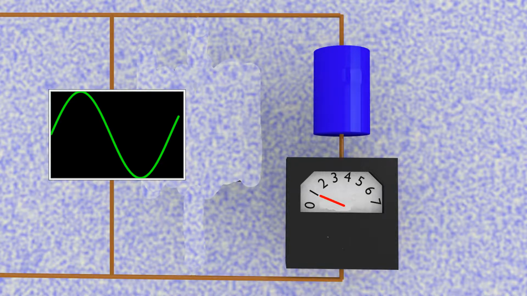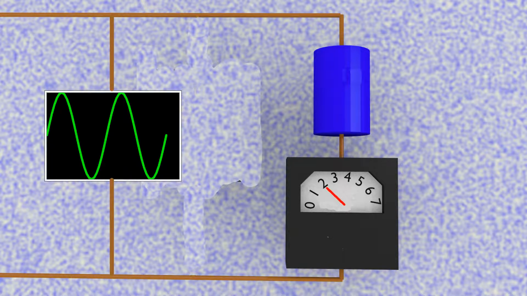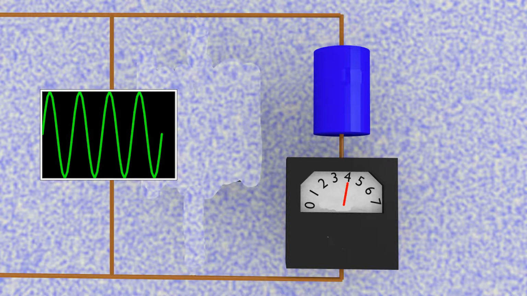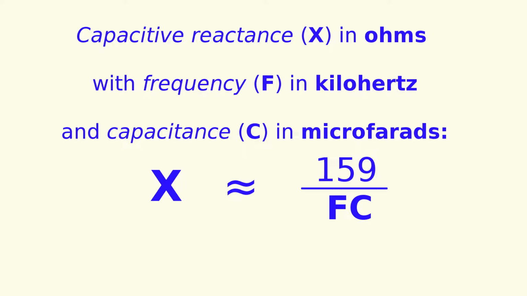In the frequency case, the capacitor acts as if it were a resistor where the number of ohms lowers as frequency rises. Here's the formula for the ohms, where frequency is in kilohertz, thousands of cycles per second, and capacitance is in microfarads, millionths of a farad.